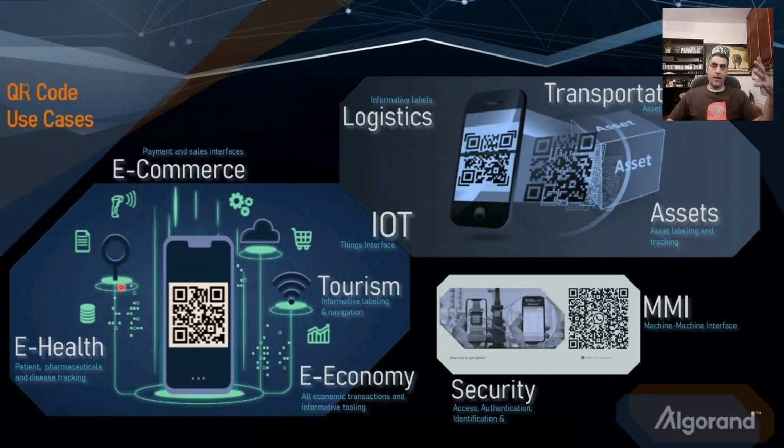In e-commerce, QR codes can be used to communicate information by parties involved in contracts. For e-health, QR codes can contain information regarding patients or pharmaceutical history of the patients or the current drug or pharmaceutical item that the patient has to be prescribed with. In e-economy, barcodes do a lot of things recently. Actually, you have been working with them all over the place.